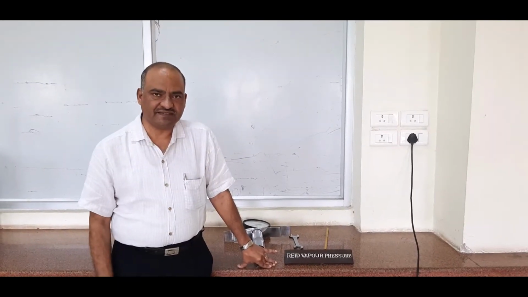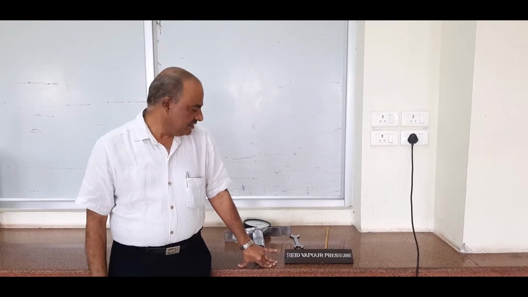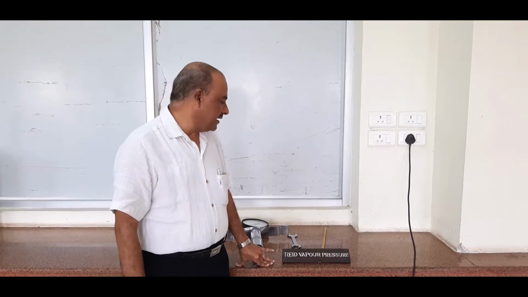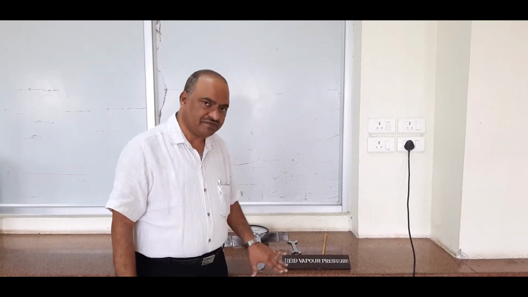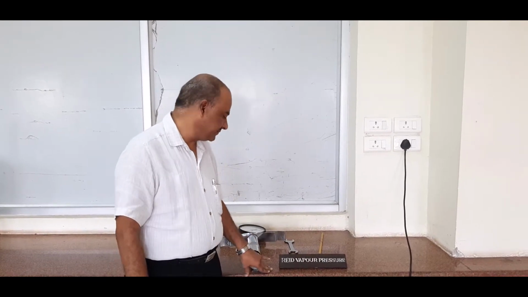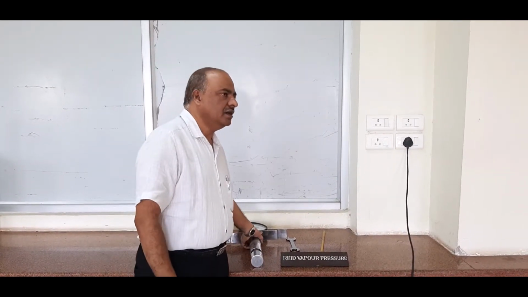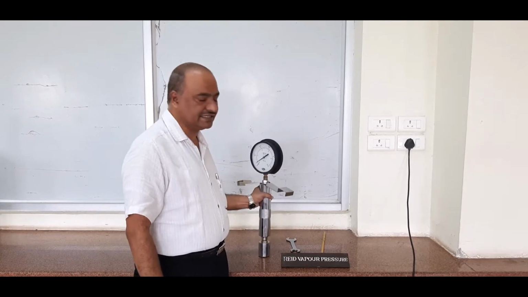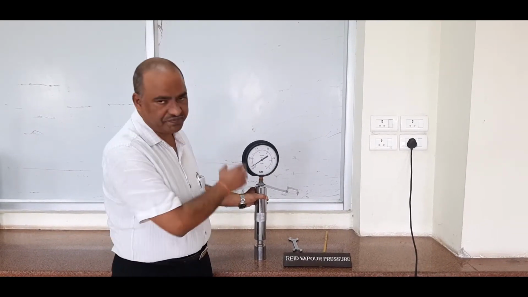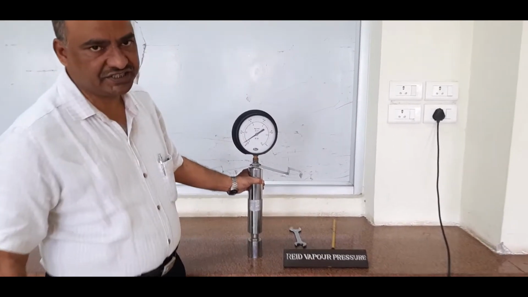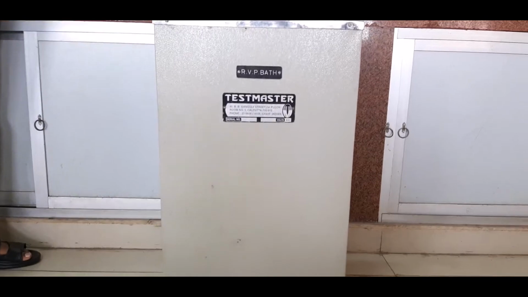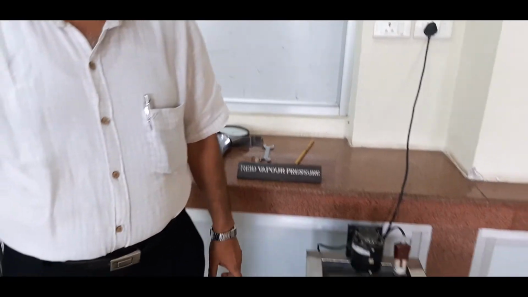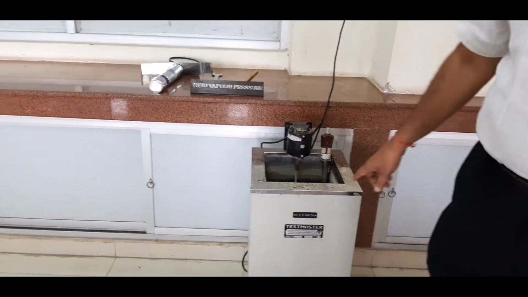First, see the apparatus assembly and the operating procedure of this test. This is the RVP apparatus. It is used in combination with a heating bath. This one is an automatic temperature controlled water bath.